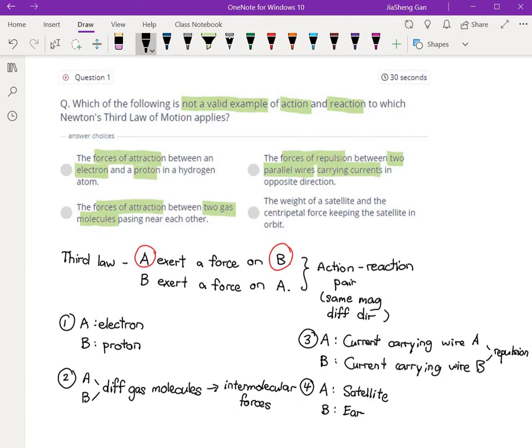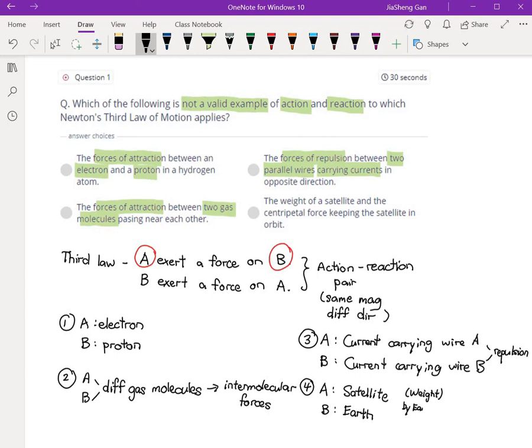The other object will be Earth, but here's the problem: the weight of the satellite is exerted by the Earth.